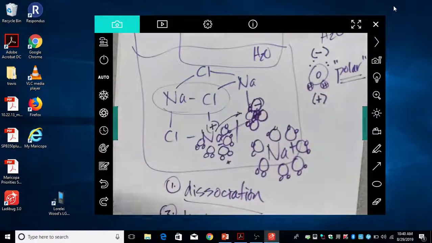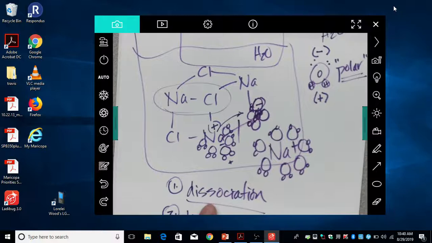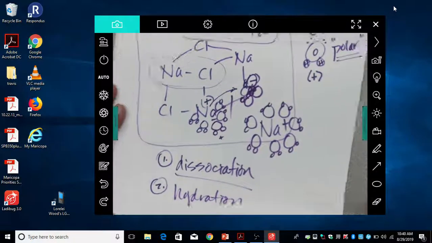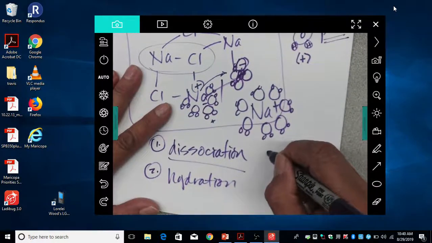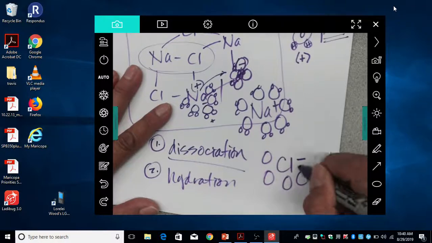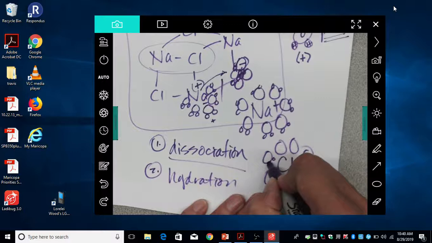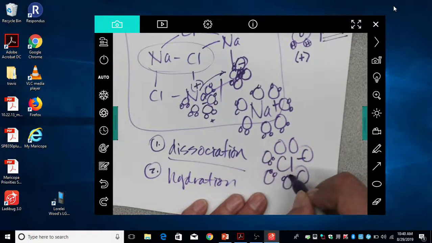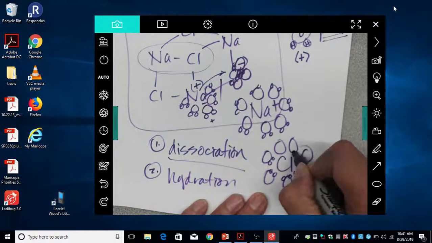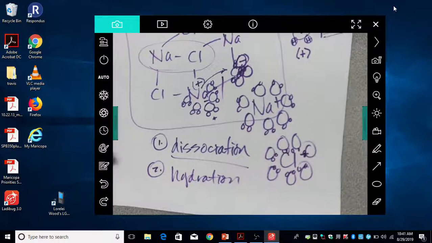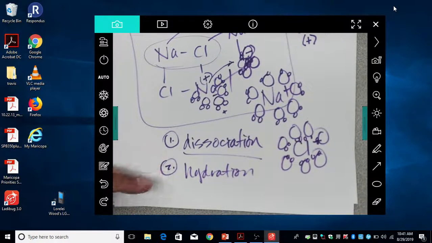Same thing happens, they pull chlorine off during dissociation, and then in hydration, the chlorine has a bunch of water molecules surrounding it, except now the hydrogens are towards the chlorine. So those are two super important processes that cost energy, right? And so the energy comes from the water, and the temperature of the water actually goes down.